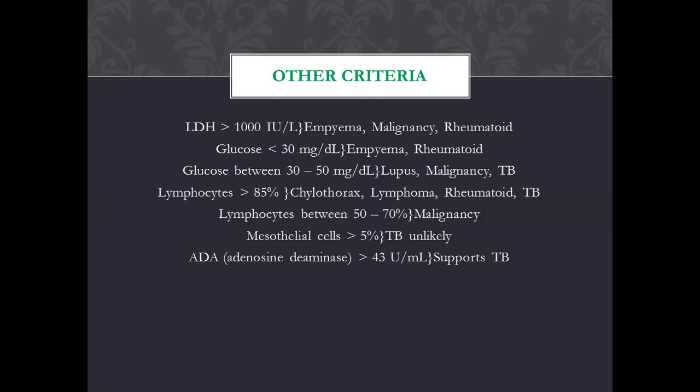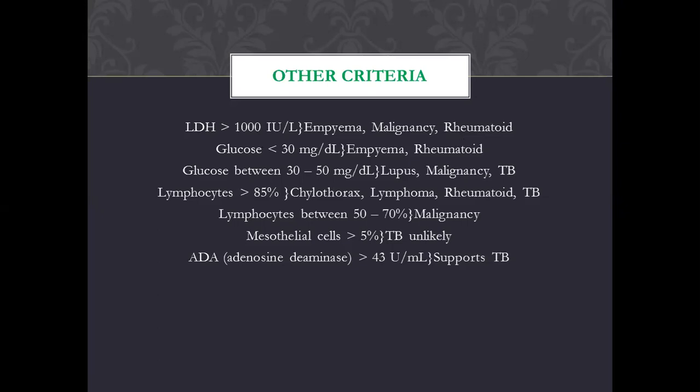Again, we will check the LDH, glucose level, lymphocyte count, mesothelial cells and adenosine deaminase level in the pleural effusion, and that will help in determining the underlying etiologies of the pleural effusion. Suppose the LDH is more than 1000 international units, then we will think of empyema, malignancy, and rheumatoid arthritis.